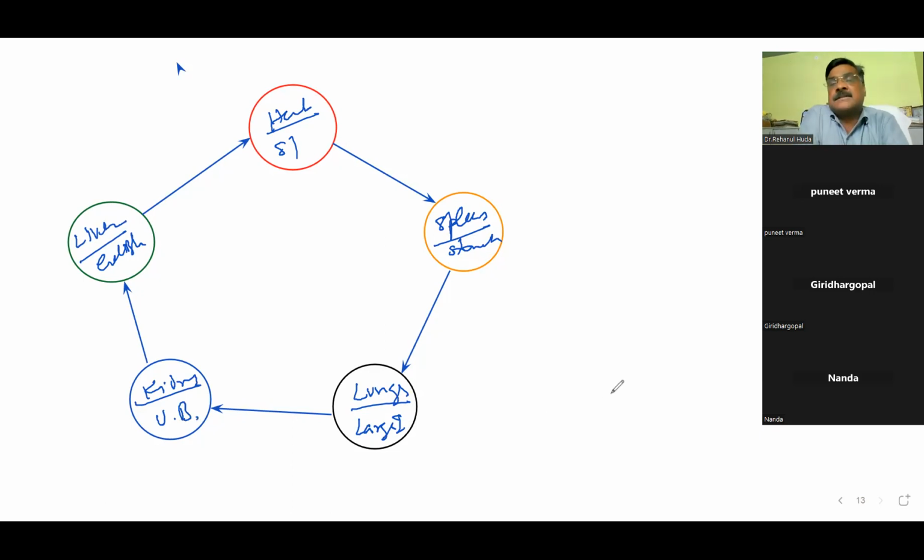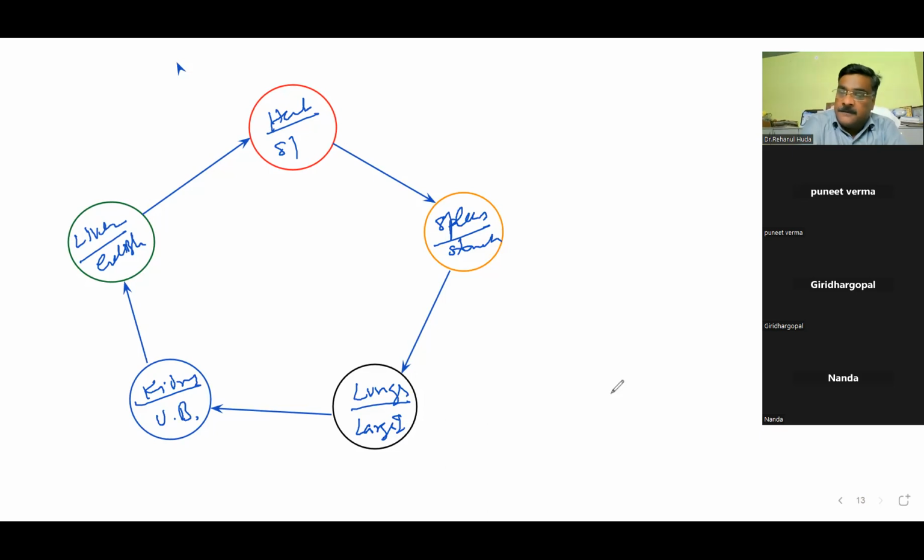These 5 pairs of organs are controlling our whole body functions. Any disease, any manifestation, any issue in the body is because of the imbalance of these 5 pairs of organs.